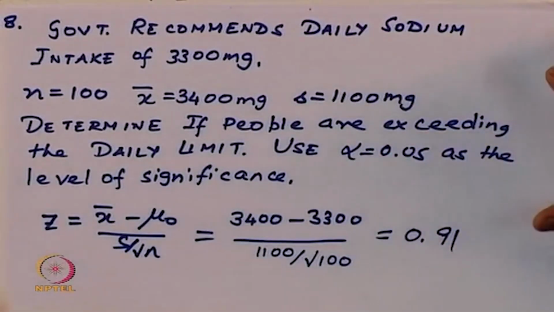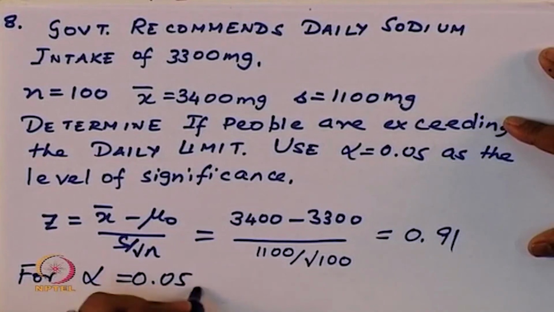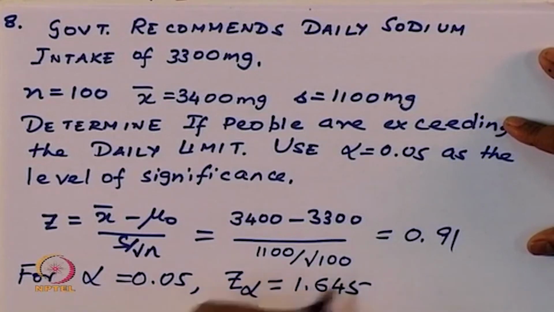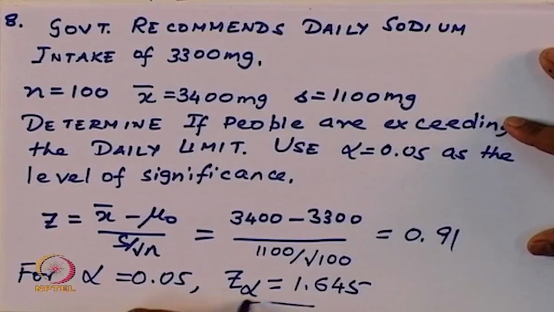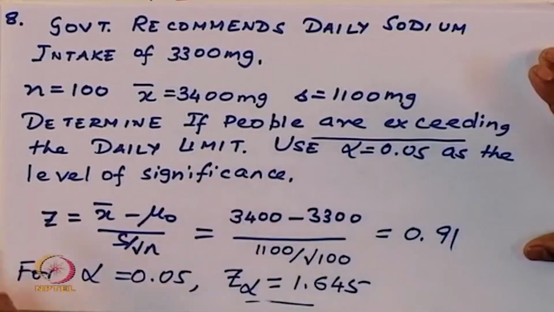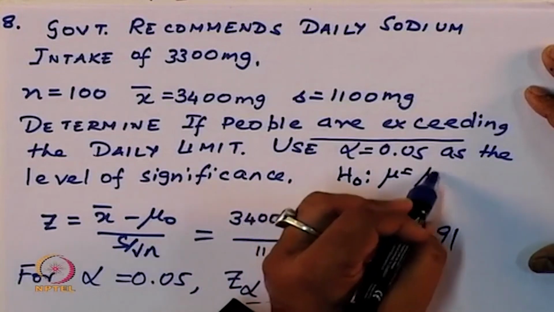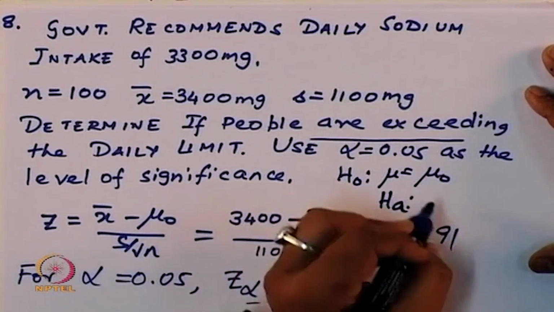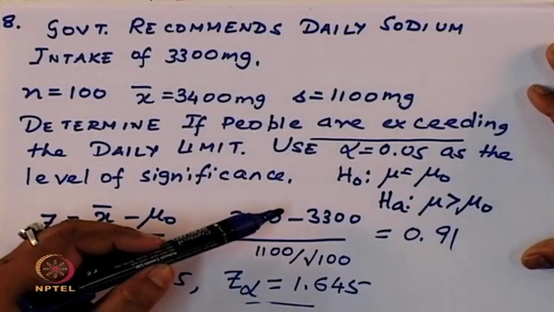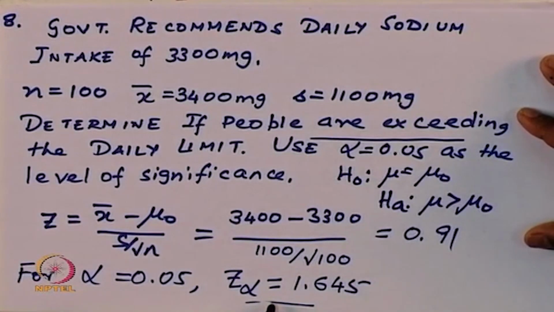Now, for alpha equal to 0.05, Z alpha is 1.645. Why do we use Z alpha equal to 1.645? Because we are asked if people are exceeding the daily limit. So my H naught is mu equal to mu naught, and the alternate hypothesis is mu greater than mu naught. I need to use a one tailed test of hypothesis, for which, for alpha equal to 0.05, Z alpha equals 1.645.